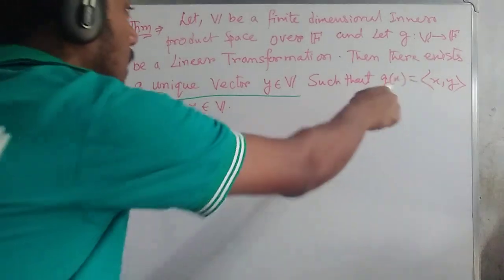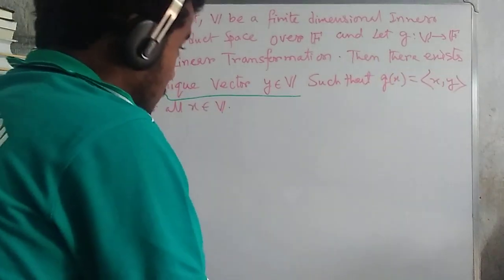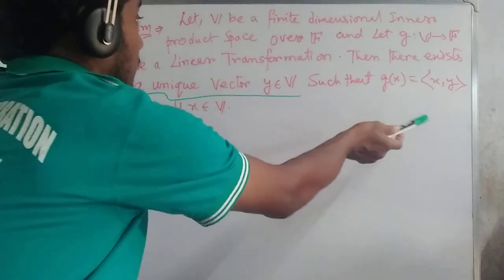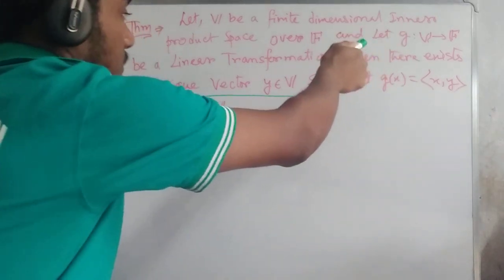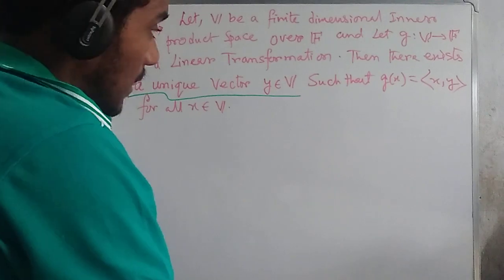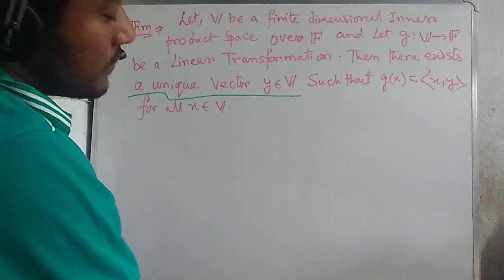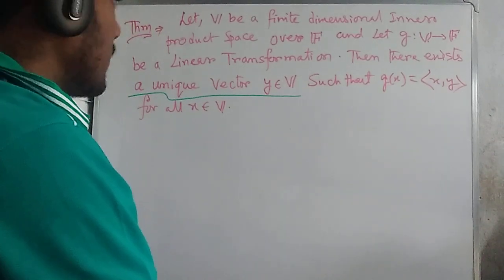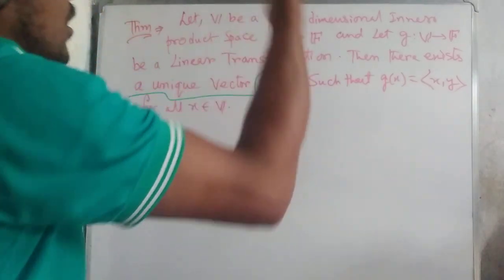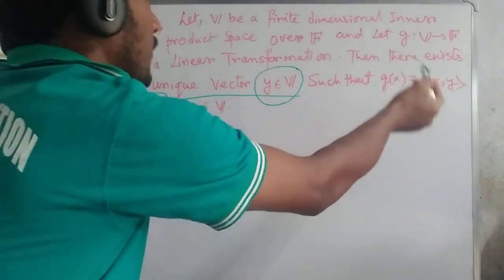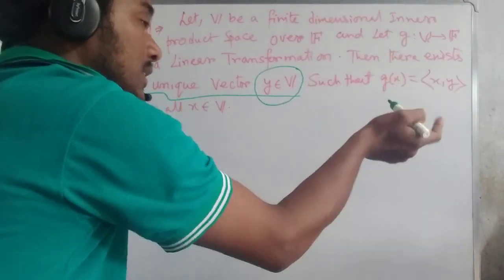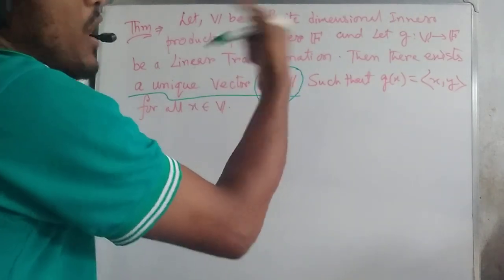Taking some value x, g(x) is a functional value since g goes from V to F and x belongs to V. This functional value is represented by an inner product of x with one vector of V, equal to the functional value g(x).